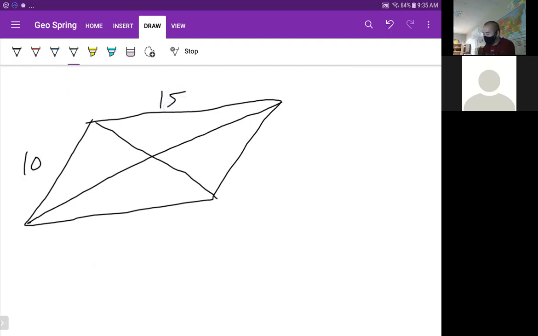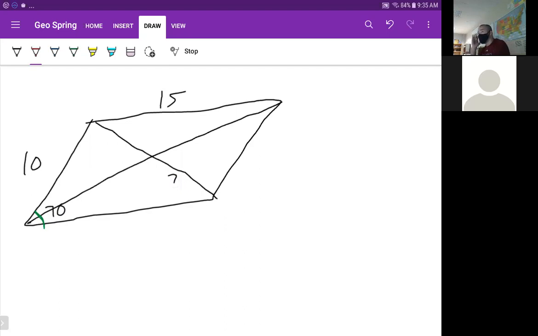Let's say this angle is, what would be a good angle for this? It's acute, so let's say it's 70. Let's make this right here 7.